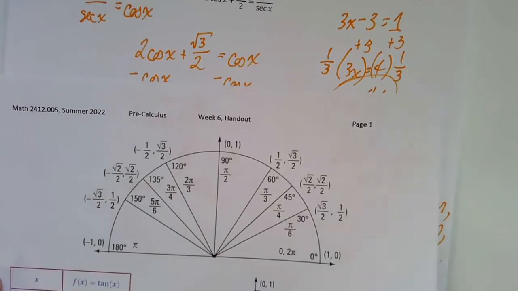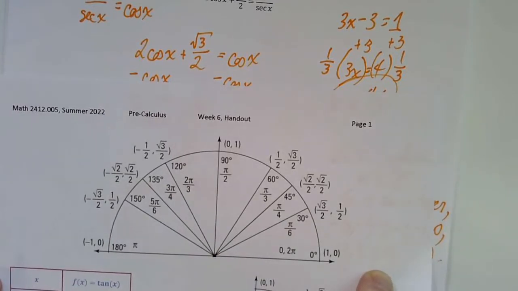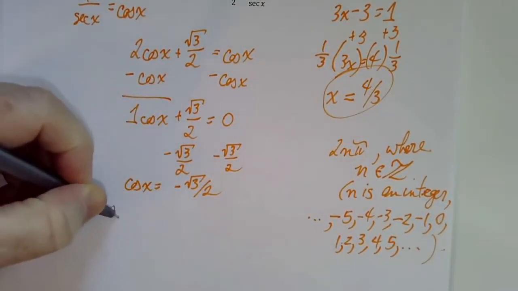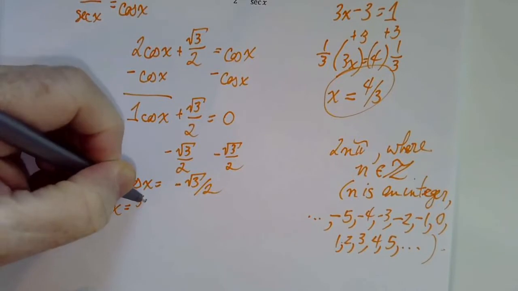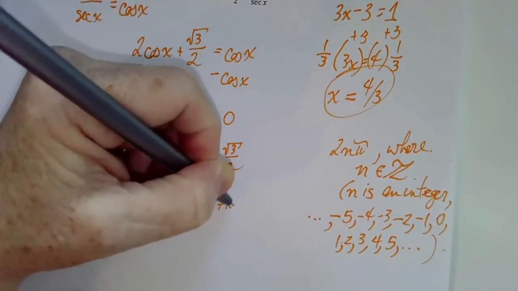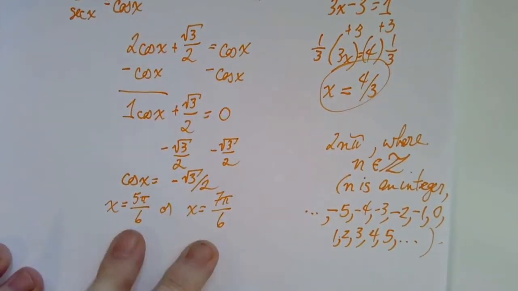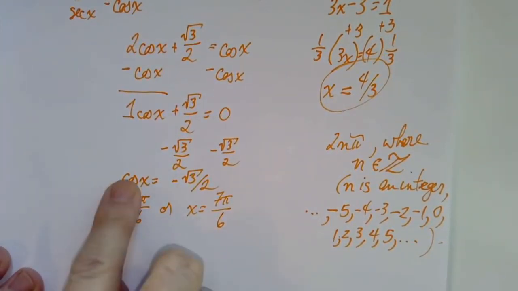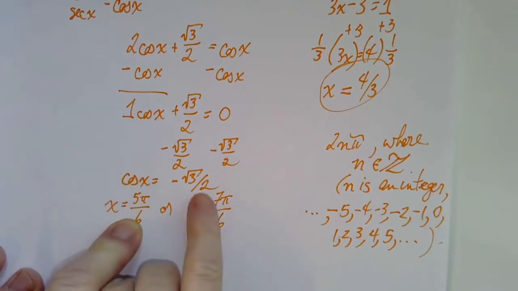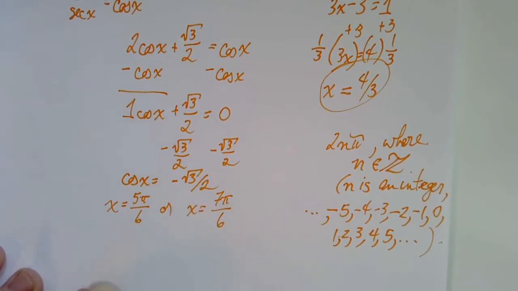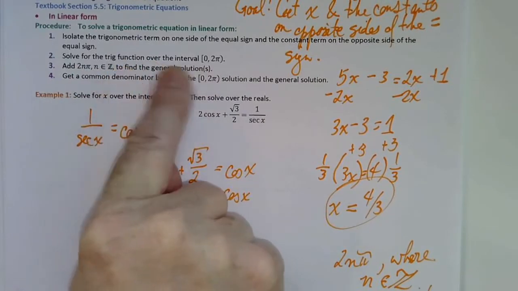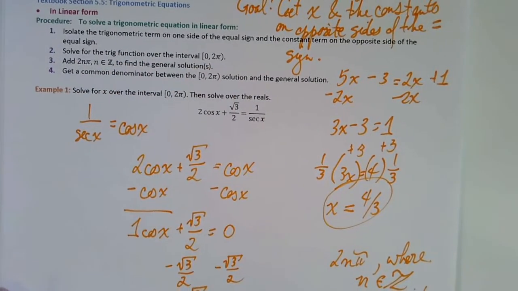Where else is cosine negative? Very good. So here, x can equal 5 pi over 6, or x can equal 7 pi over 6. These are the two angles in the quadrants where the cosine is negative that have an x coordinate of negative square root of 3 over 2. So we've done the first part. We've solved for the trig function over the interval 0 to 2 pi.